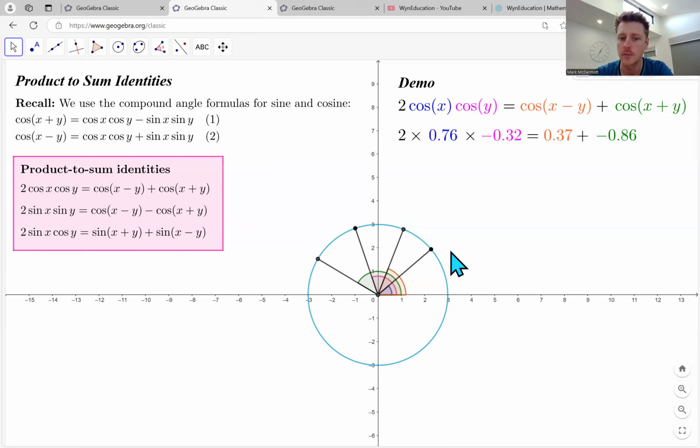So over here, we've got all this colorful stuff going on. Let me just explain. This angle in blue is angle X. This one that's in pink, or magenta, is angle Y. X minus Y is what's in orange here.